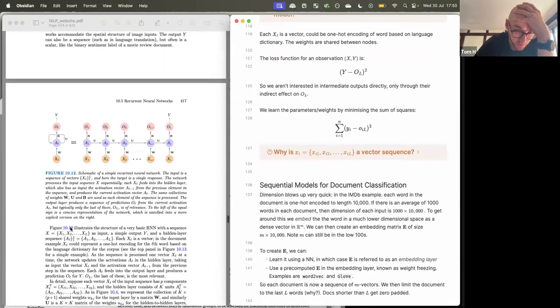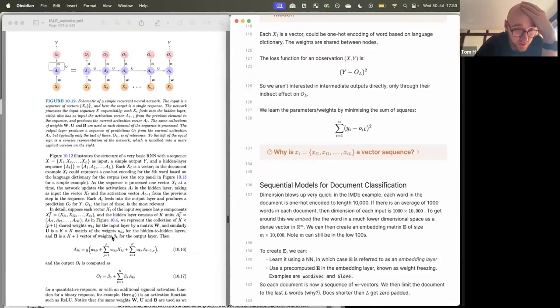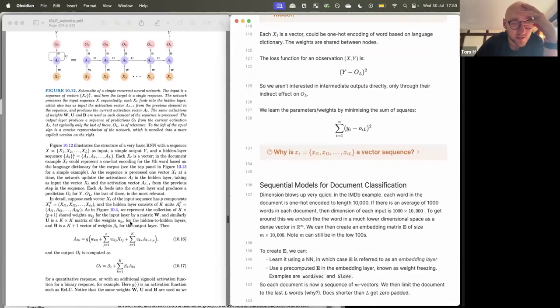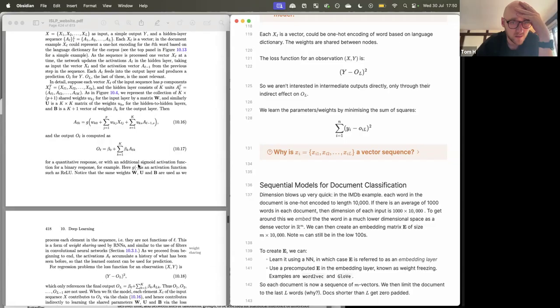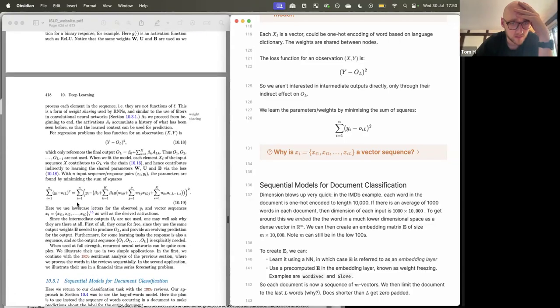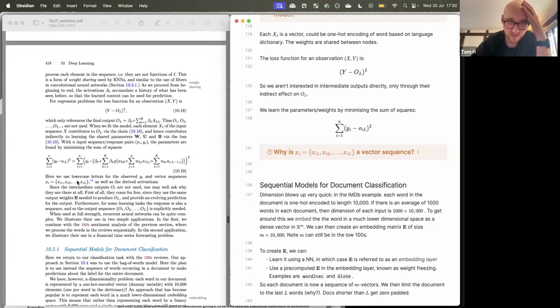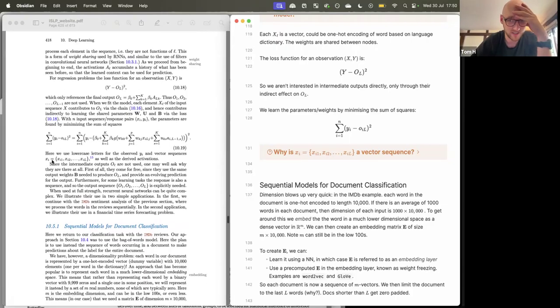And a question here was, somewhere in here, it says that the X is a vector sequence. Is it here or is it further on? So, okay, here. So we use the lowercase letters, the observe yi, and the vector sequence is xi.